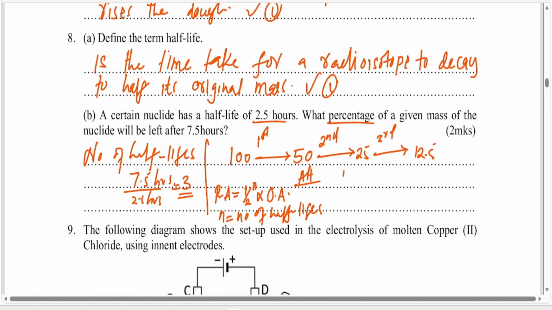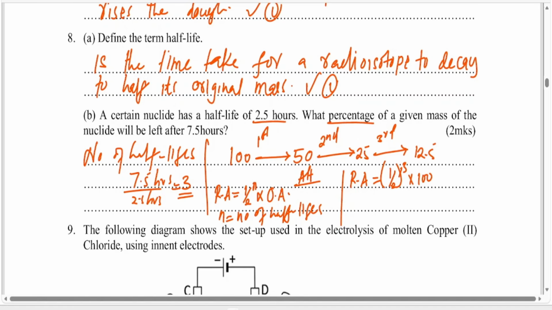Take note of that. RA means remaining amount and OA means original amount. So here we have already been given the original amount, which is 100%, because percentage is always out of 100. So we are going to look at the remaining amount in terms of percentage. Remaining amount is equal to 1/2 power 3 multiplied by the original amount, which is 100.